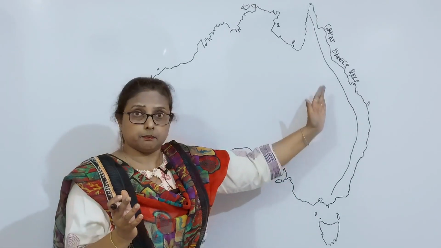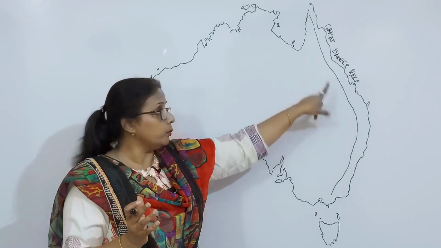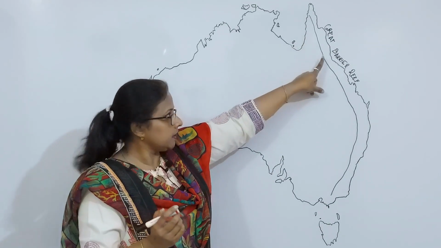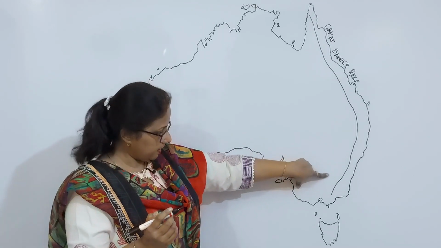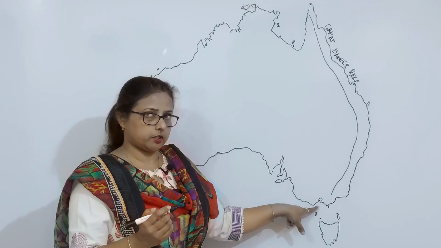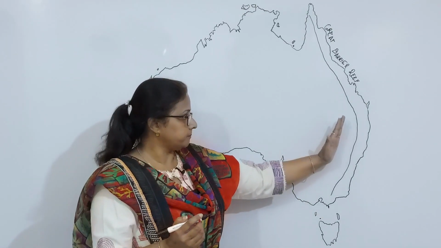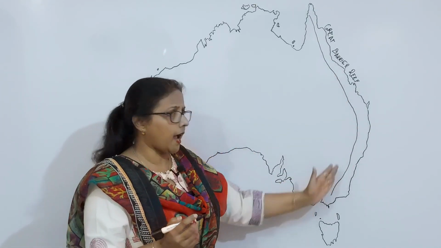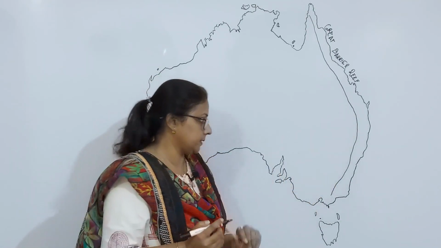Now since it is a mountain range, you have to mark it in the map with a brown color. So just take your brown color and let it go close to the coast, running parallel to the eastern coast right up to Bass Strait. Because this Great Dividing Range is very close to the coast, Australia has a very narrow coastal plain in the eastern part of the continent.